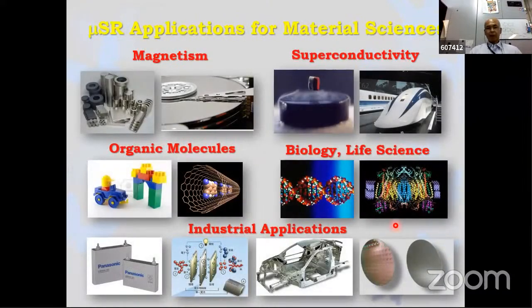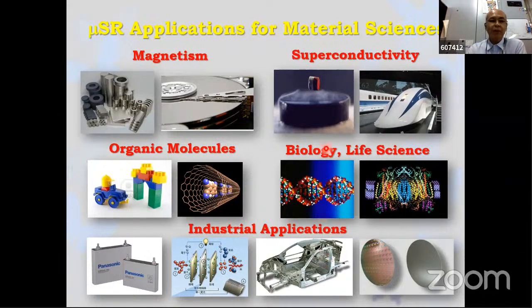Now, about the muSR research on other materials, these are images of our target materials. The main targets are magnetic materials and superconducting materials. Recently, we are using muSR for organic molecules and biomaterials, and some researchers are doing industrial applications, like battery materials or car materials.